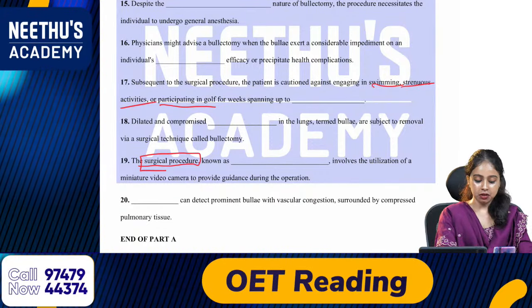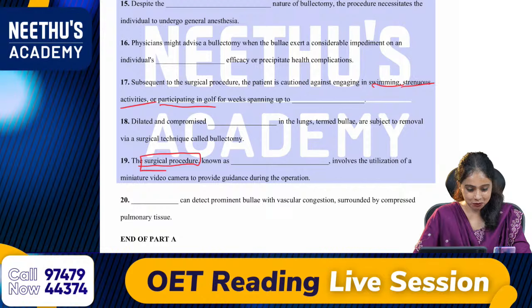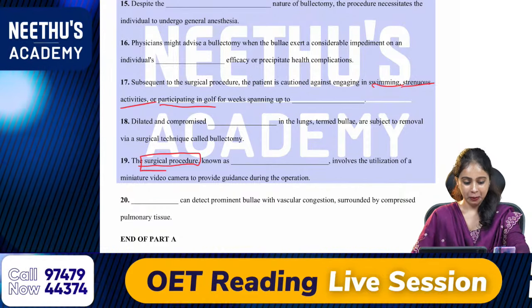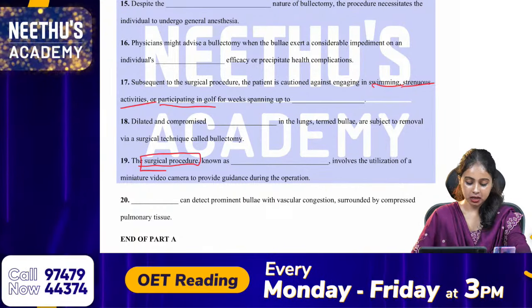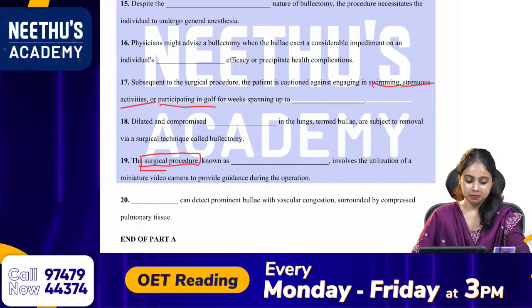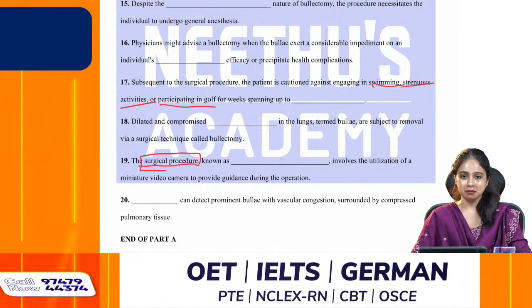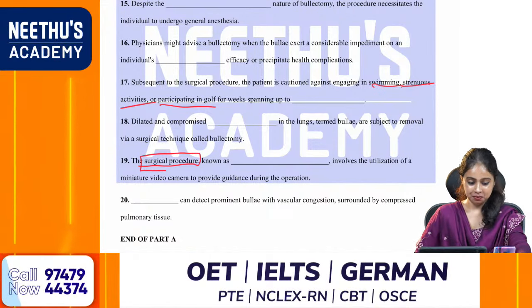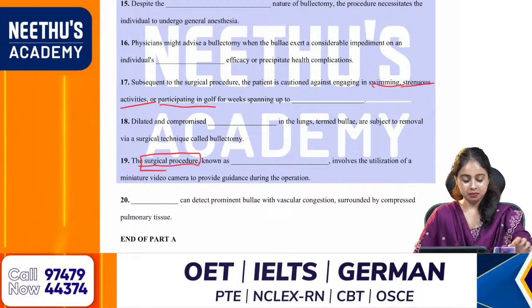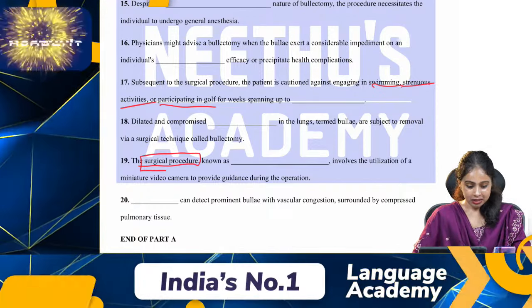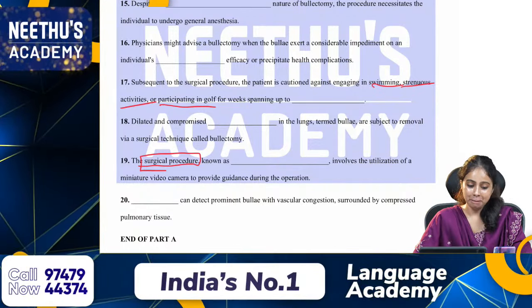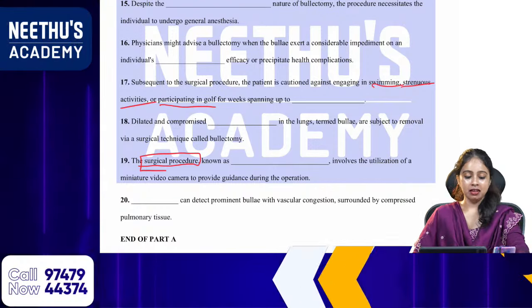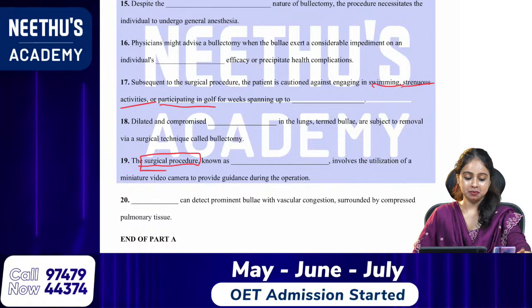Clear about everything? So how many of you got 20 out of 20? Anyone with 20 out of 20 for part A? No 20? 19? 18? 17? 20 out of 20, very good Abhi. You got 20. So what about others?